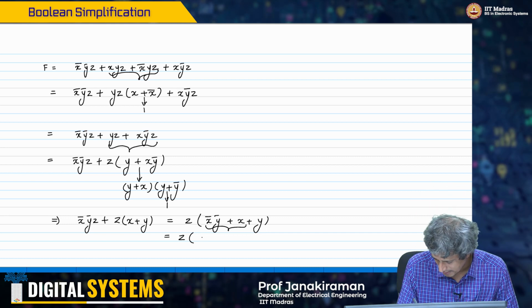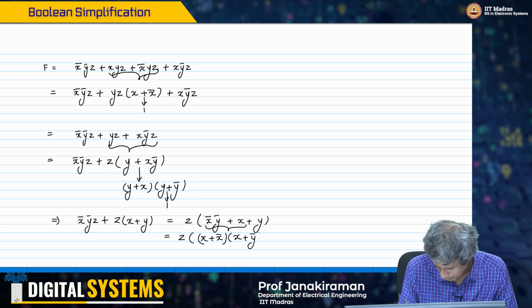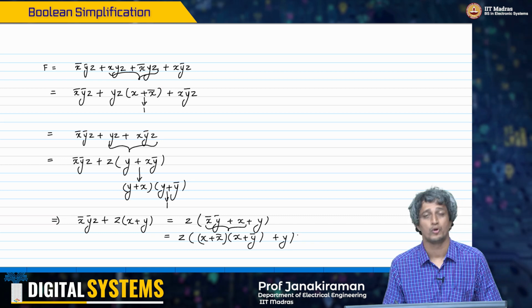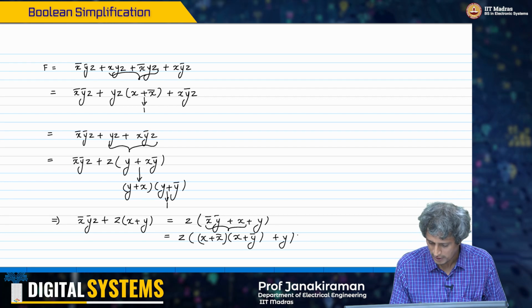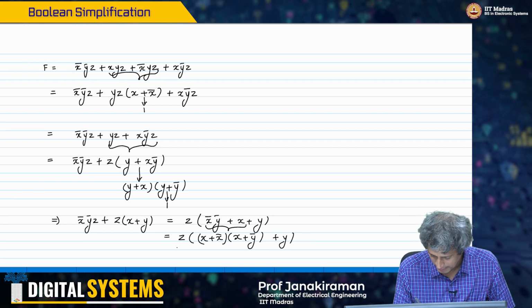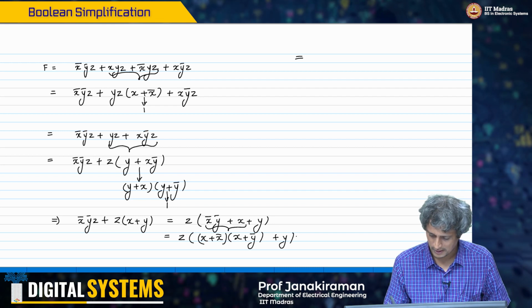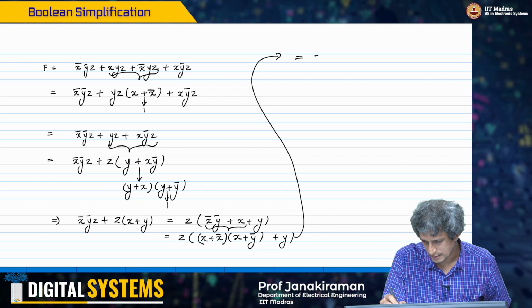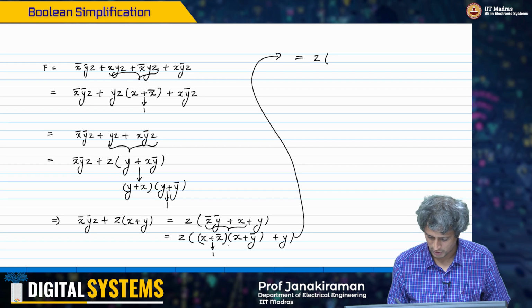I will say this is x plus x bar and x plus y bar or y. Again, that distributive law. I told you the distributive law will keep coming back in some form or the other, right? And therefore, I can continue this expression here, z into x plus x bar. Again, this we know is 1.